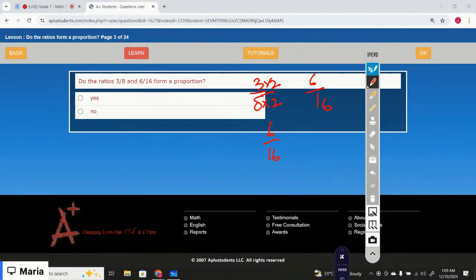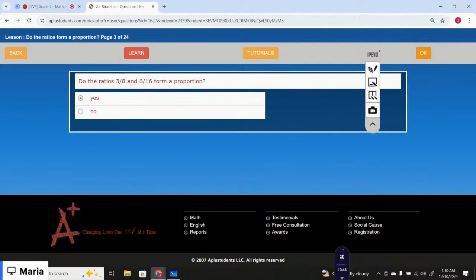So which is the correct option? Yes, they are proportion. The correct option is yes, option number 1.